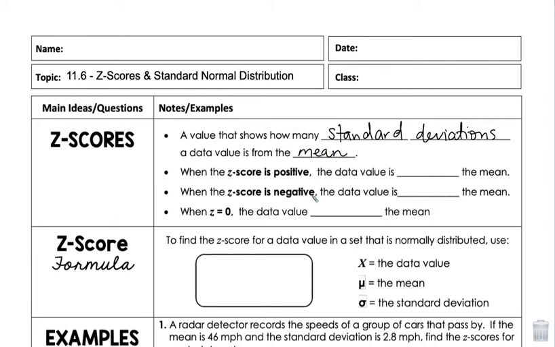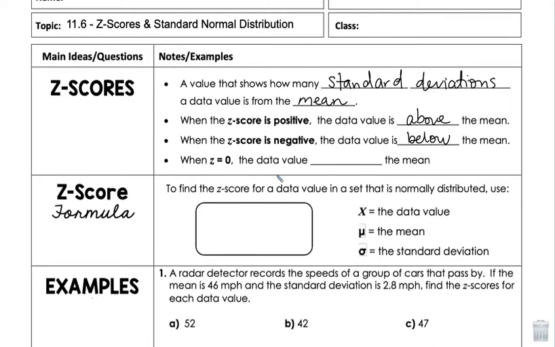When the z-score is positive, that means the data value is above the mean. And when the z-score is negative, the data value is below the mean. When z is equal to 0, that means the data value equals the mean.